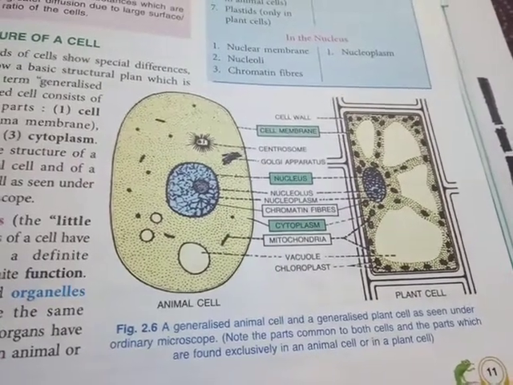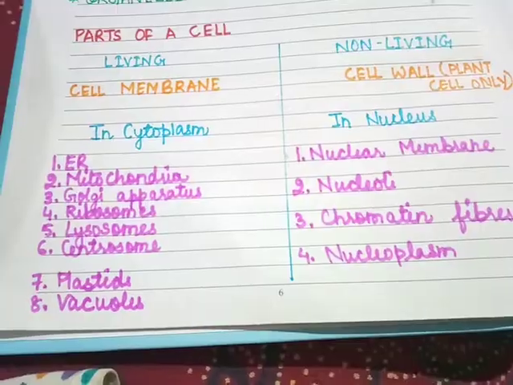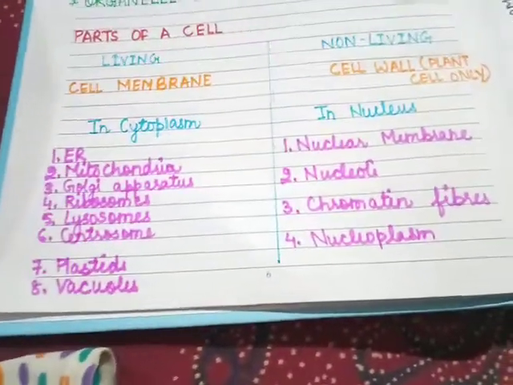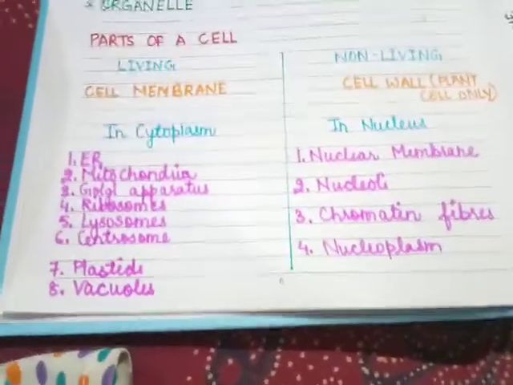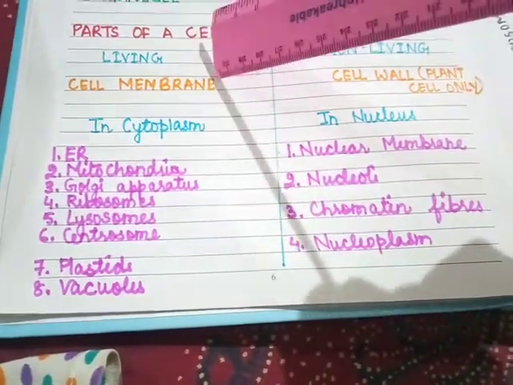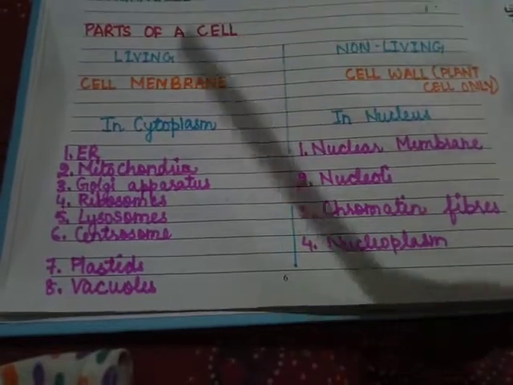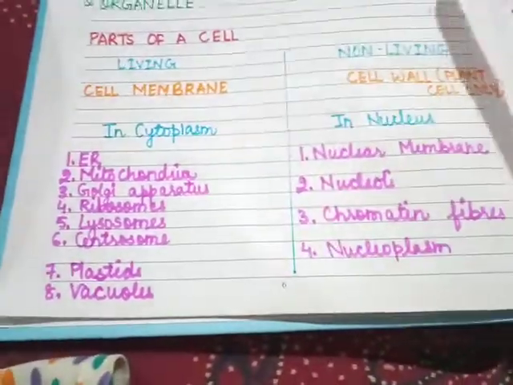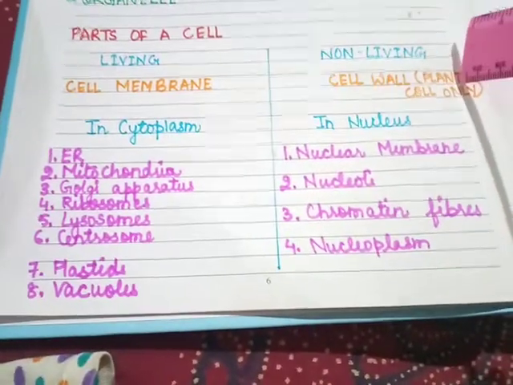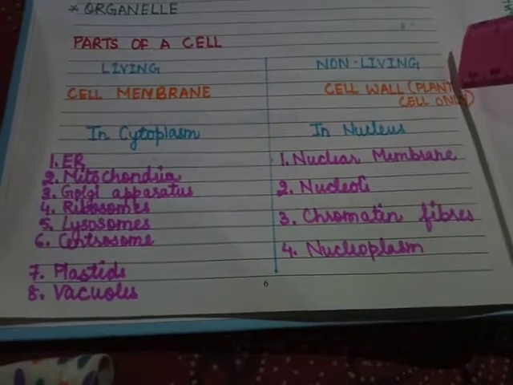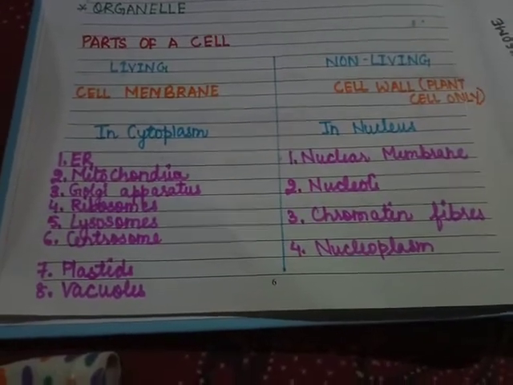Now let us see the parts of the cell. The first one you can see is living. Living is the cell membrane, as I already told you. The second one is non-living, that is the cell wall. Cell wall is only and only present in the plant cell. It is not found in the animal cell.